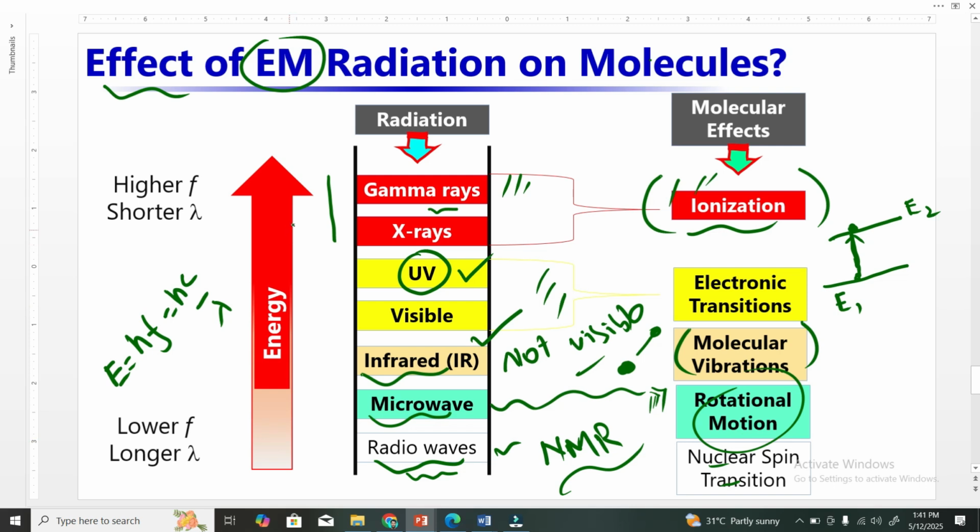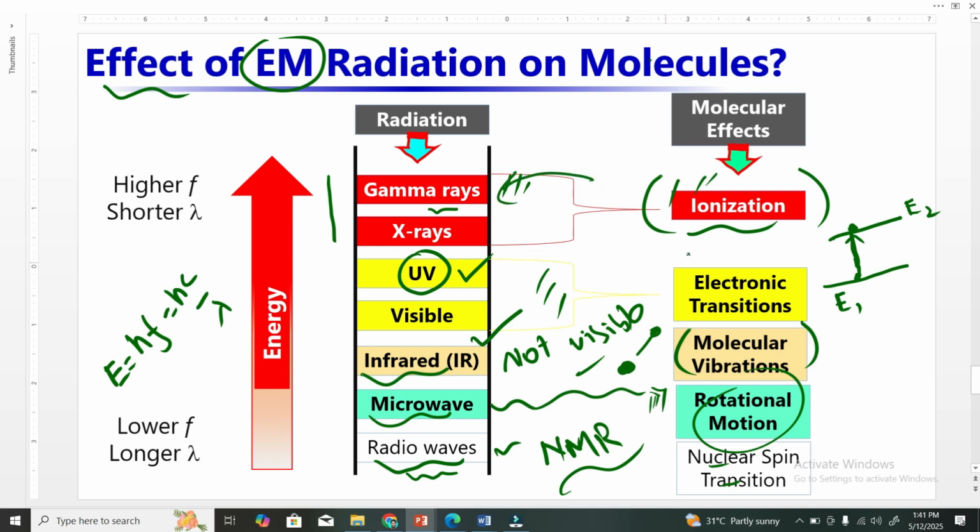So to summarize, electromagnetic radiation has a significant effect on the molecules, because molecules respond differently to different radiations. If you are interested in ionization, we should use gamma rays.